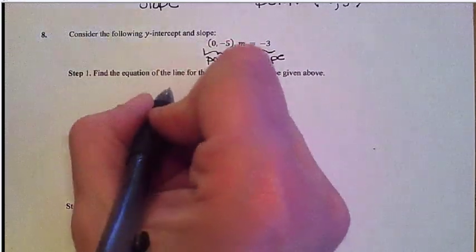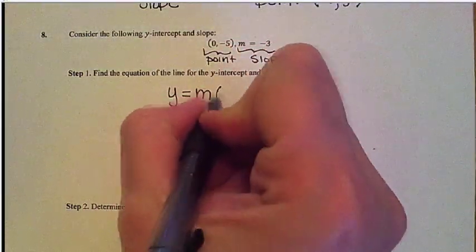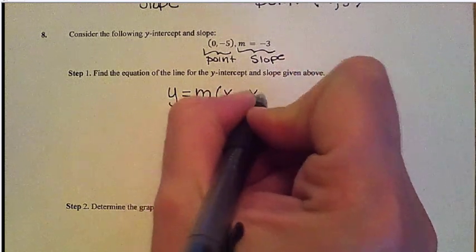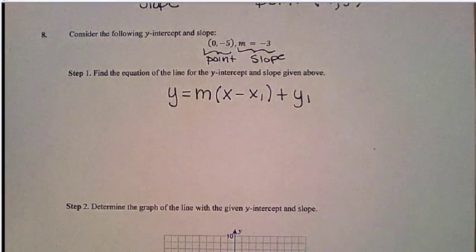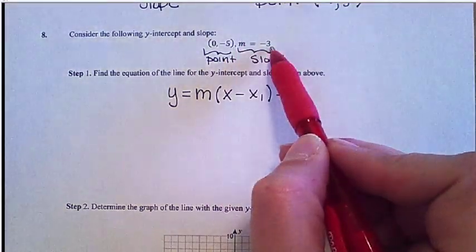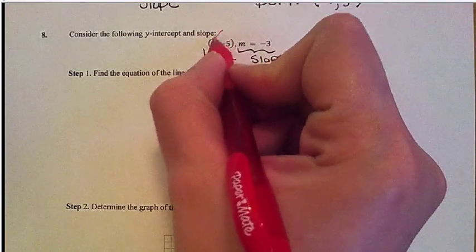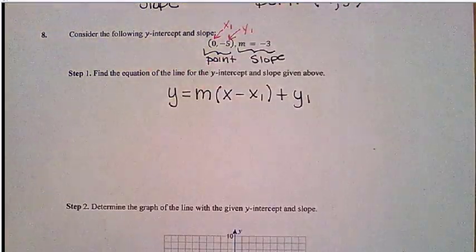So again, I'm going to write my formula down just so I can help myself remember it. y equals m times x minus x1 plus y1. When I'm looking at this, remember labeling my values, I've already got my m labeled. I know that that's negative 3. This 0 is your x1, and this negative 5 is your y1.